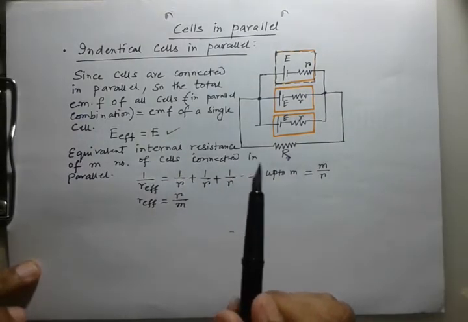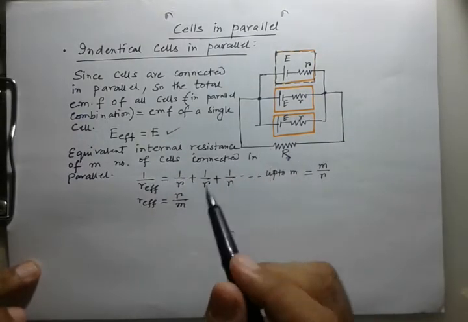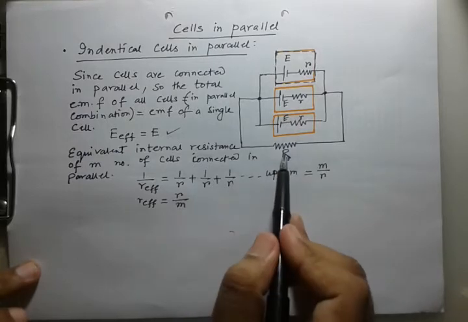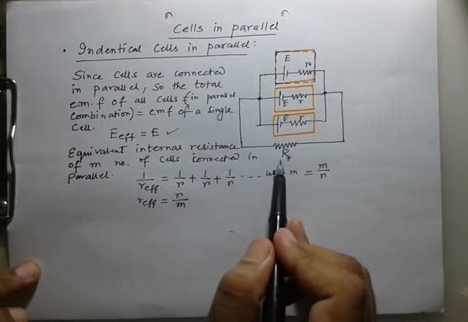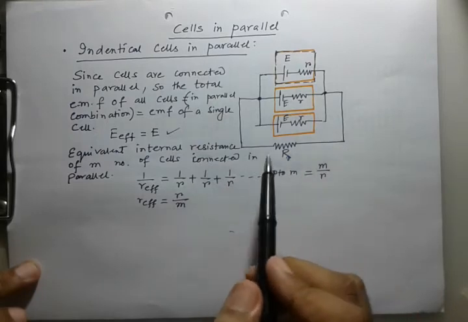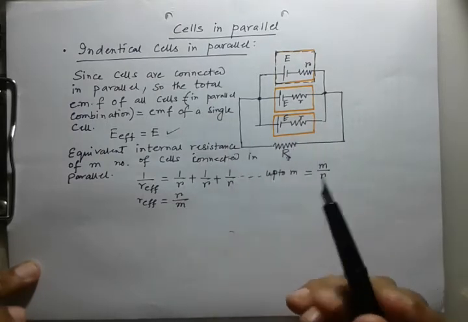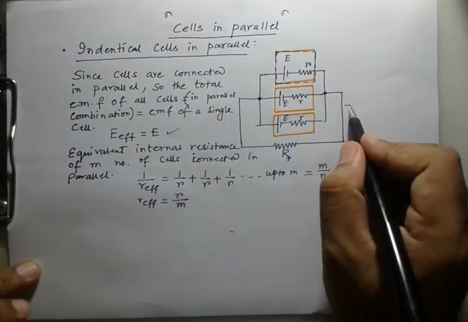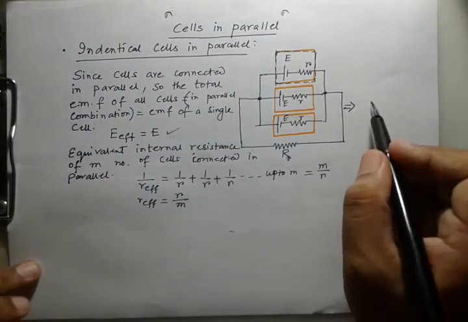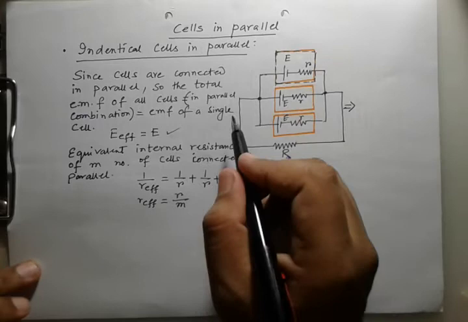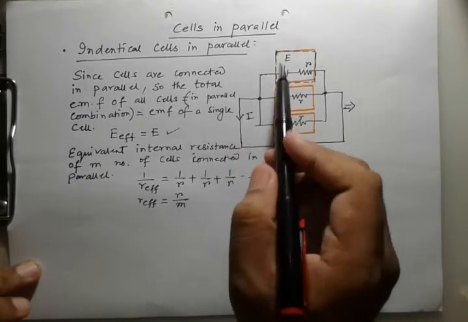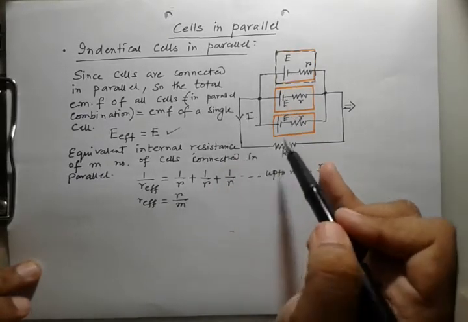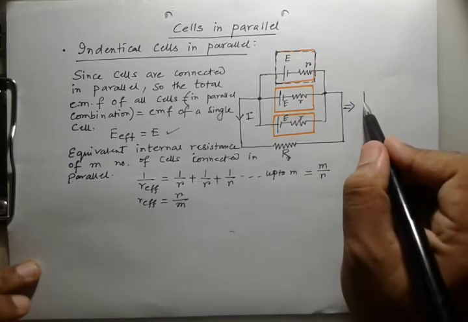Now this r by m and this capital R, the external resistance, are connected in series. So this circuit will convert into this one. In this case the current is coming this way. The battery minus is this side, so the current will go in this direction. So draw the equivalent circuit of this.